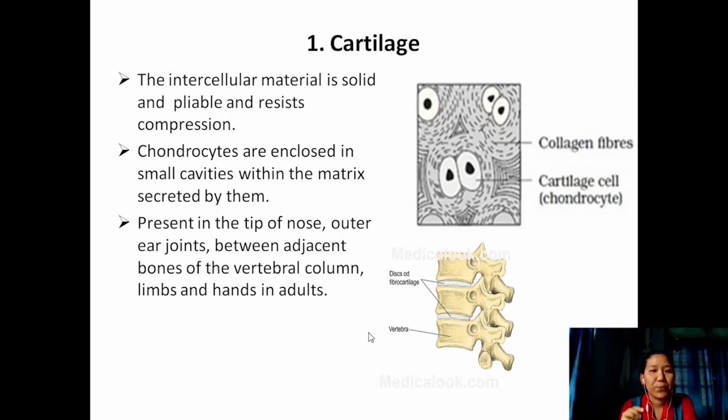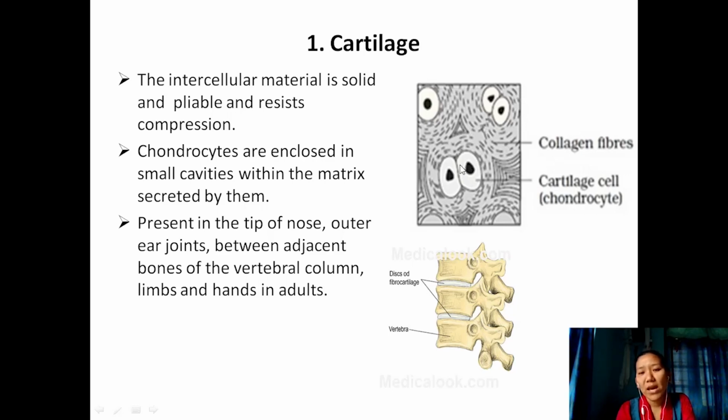They are pliable, and these tissues contain cartilage cells called chondrocytes. These chondrocytes produce the fiber and matrix, which are present within the matrix secreted by them.